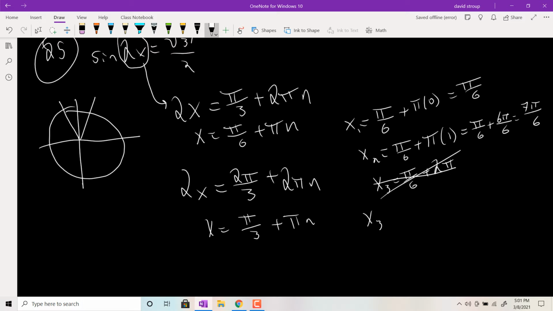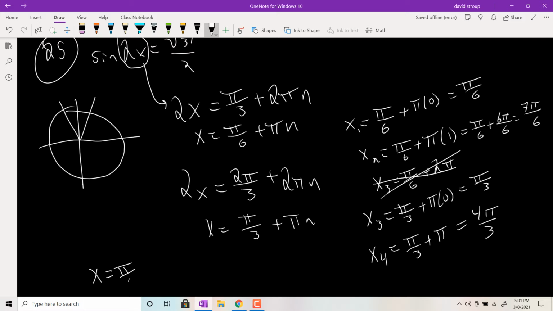Starting with pi over 3 and adding pi times 0, that will just be pi over 3. Then x4 is pi over 3 plus pi times 1, so 3 pi over 3 plus pi over 3 is 4 pi over 3. So we get 4 answers: x is equal to pi over 6, 7 pi over 6, pi over 3, and 4 pi over 3.